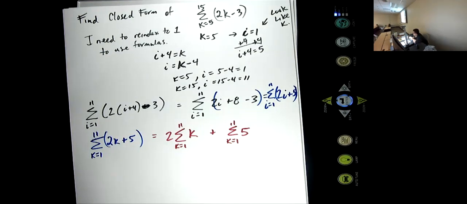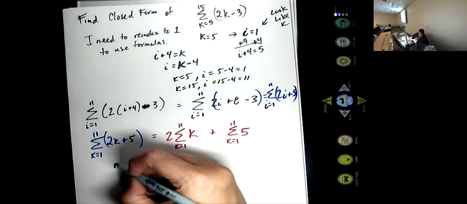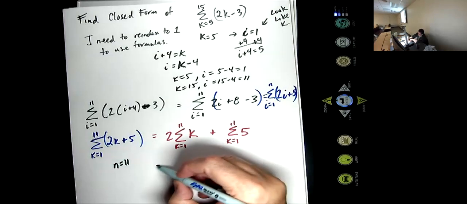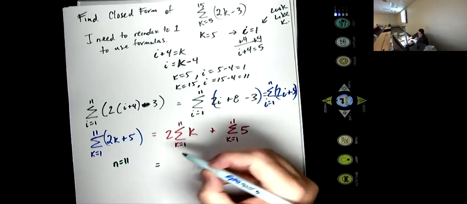That was one of our theorems that we said we could do. On both of these, n equals 11. I'm going to rewrite this in terms of n, and then we'll put in n.